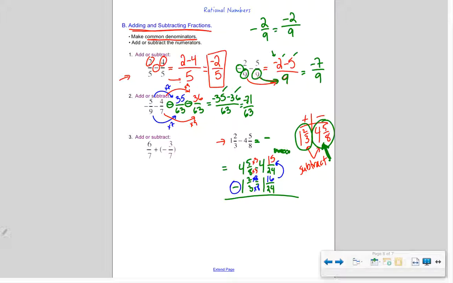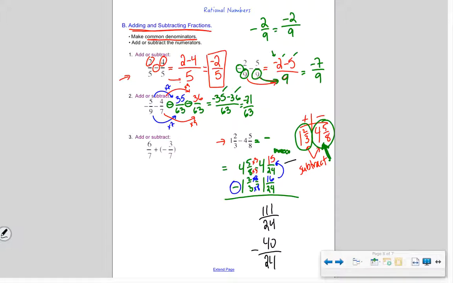This is a tough problem, guys. So let's see, 24 times 4. And at this stage, if you were doing this problem, it's fine to grab a calculator. This situation, just punch it in. So 24 times 4 is 96 plus 15. We have 101 over 24. Subtract 24 times 1 plus 16 is 40 over 24.